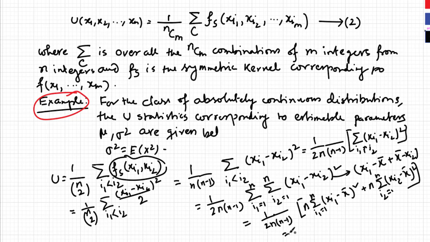So this is equal to 1 by n into n minus 1, this is equal to n into n minus 1 s square, again this is equal to n into n minus 1 s square, so this is 2 into n minus 1 s square.